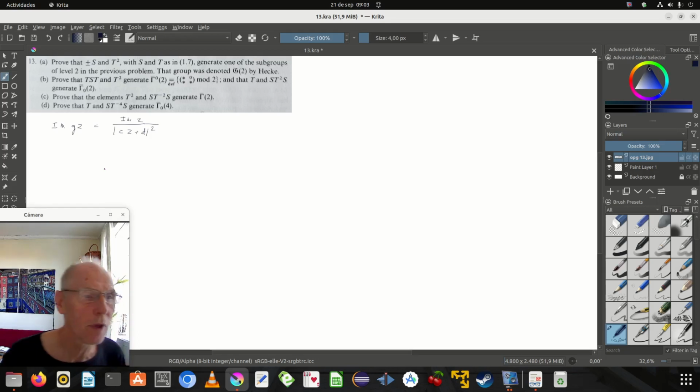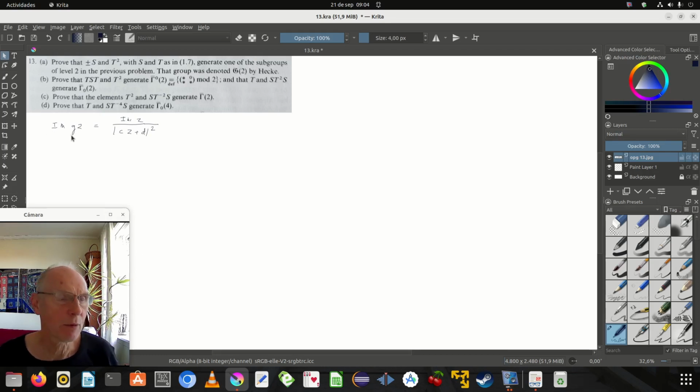And that means it has a minimum distinct from naught, which means that the imaginary part has a maximum.